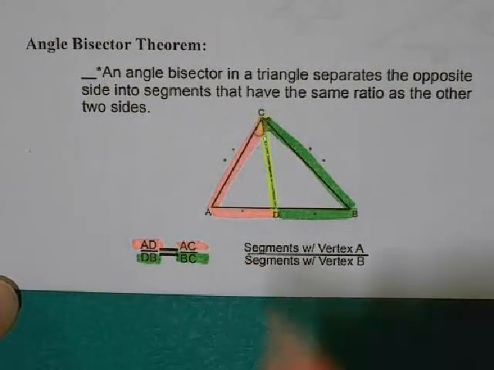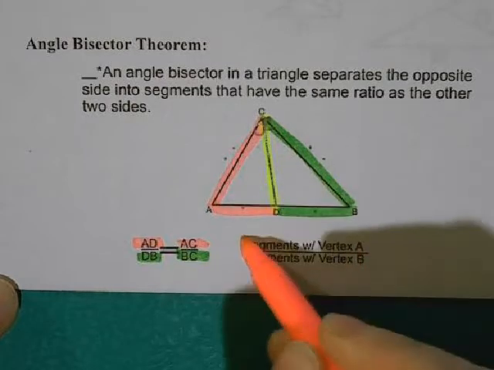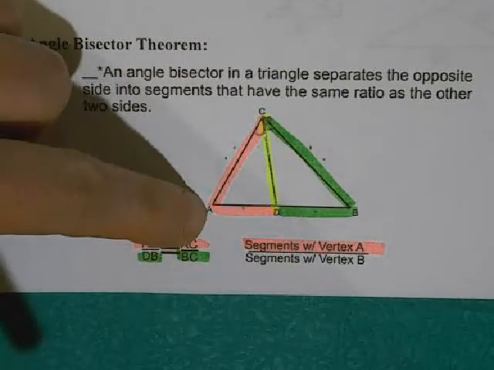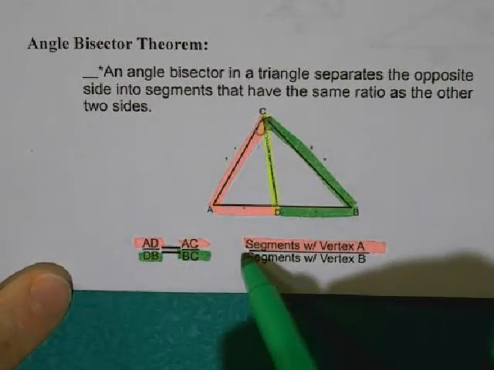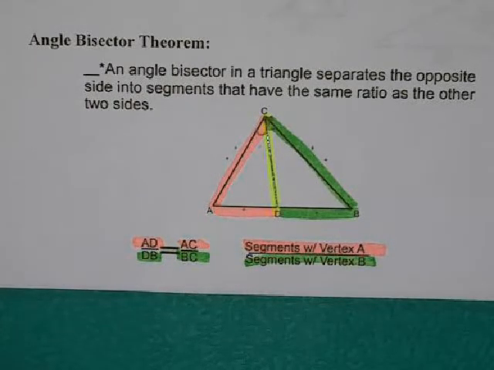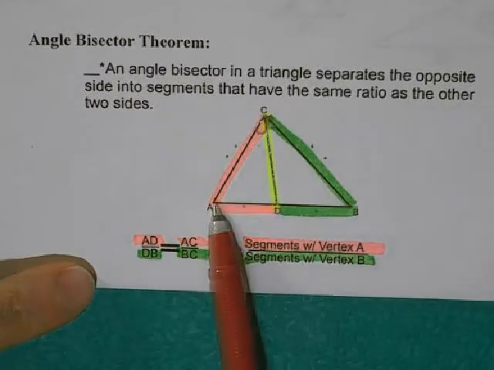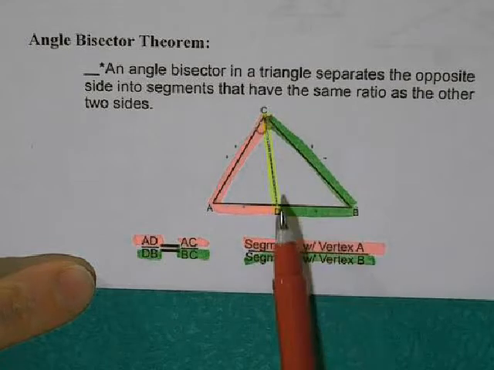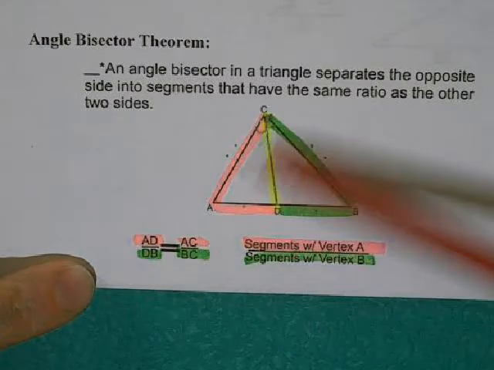So what this is saying is, the two that go on top are the ones that have the vertex A, and the two that go on bottom are the ones that have the vertex B. So we say AD over DB is equal to AC over BC.